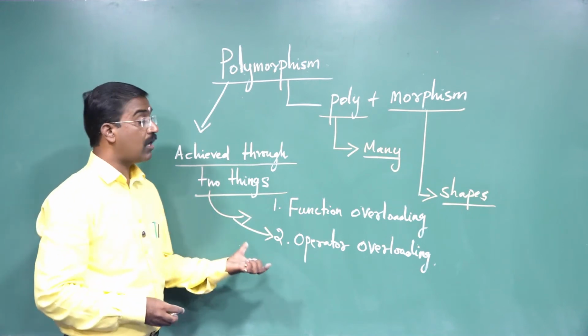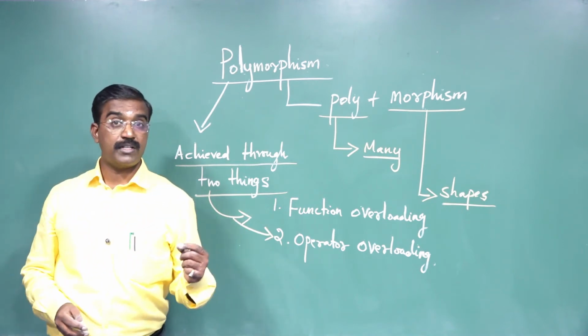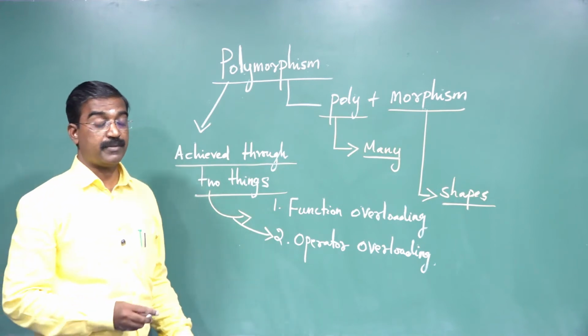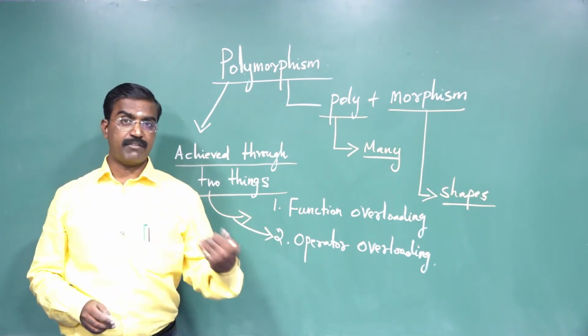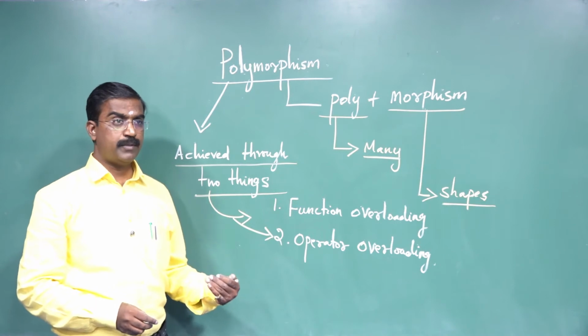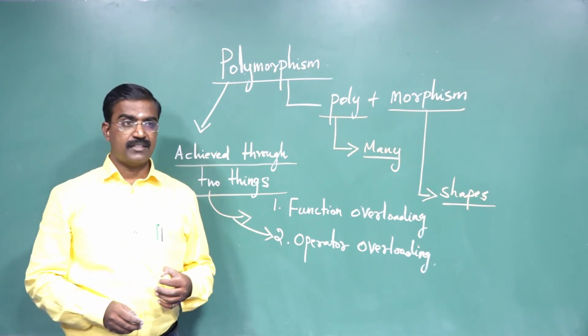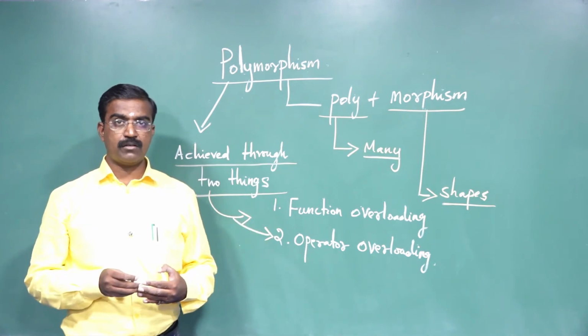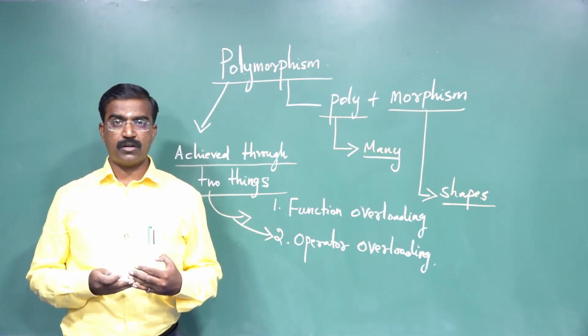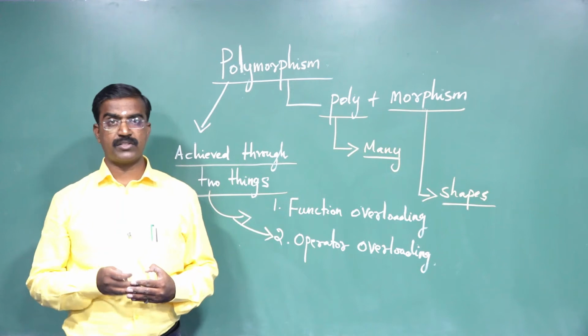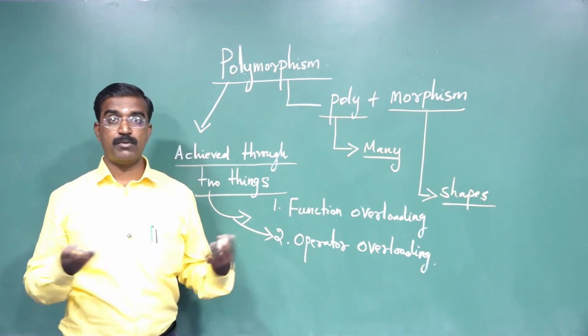Now we will see the definition of polymorphism. I am telling one example before the definition. A hotel server is taking orders from people. Some people are ordering poori, chapati, idli. The menu is different.